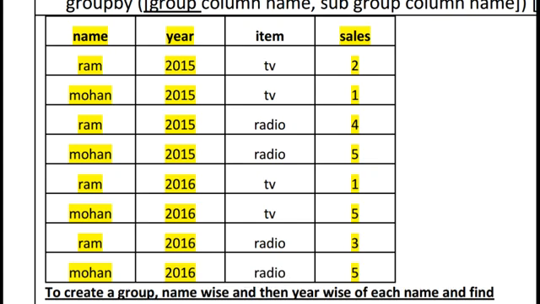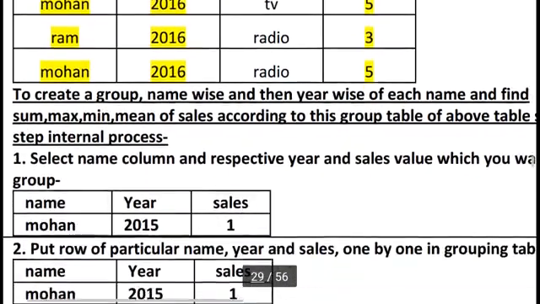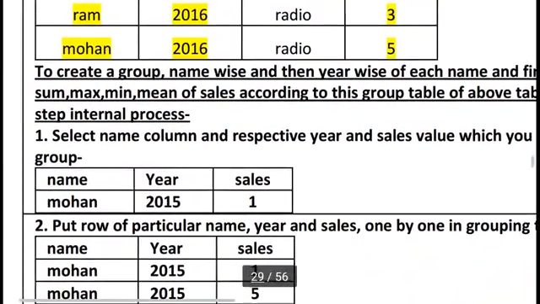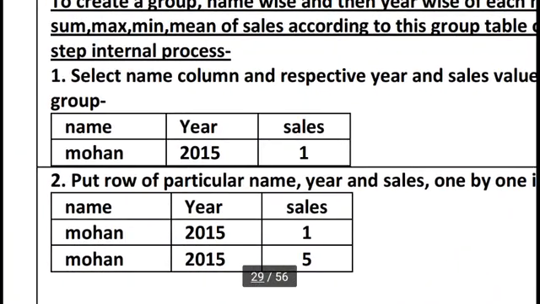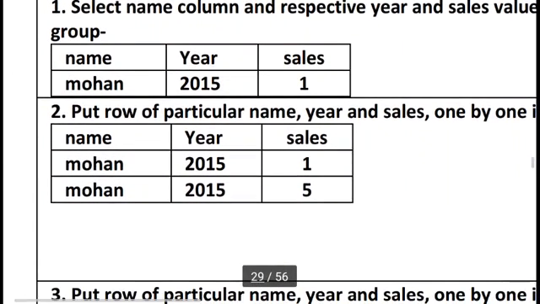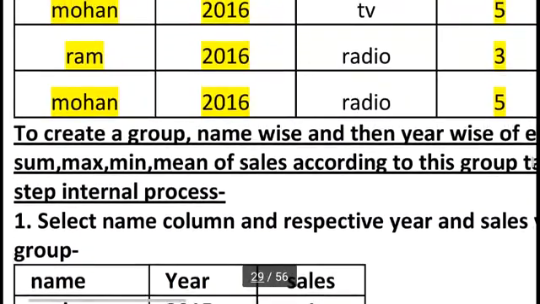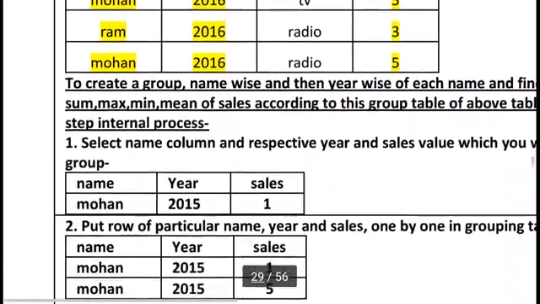For this purpose, I am selecting first the name wise group, then the subgroup name is year, and then we select the sales numerical column. So you can see, first we select name wise. All the Mohan data: Mohan 2015 1, the second record Mohan 2015 5, and this record I want to select from our original table one by one.